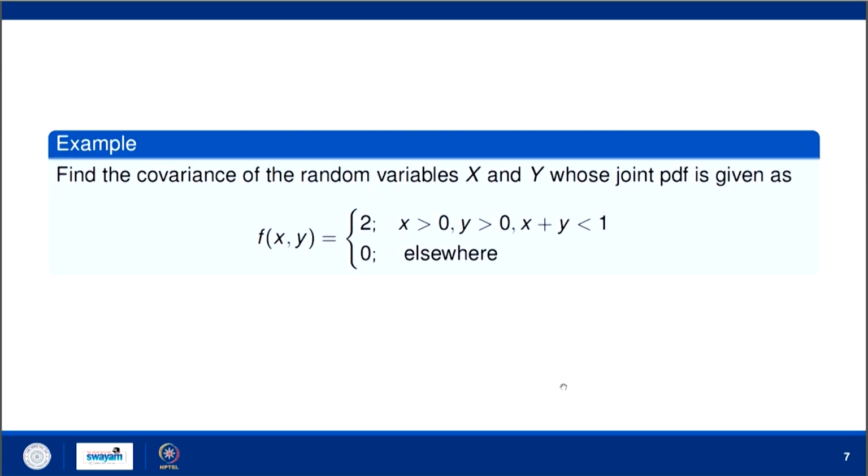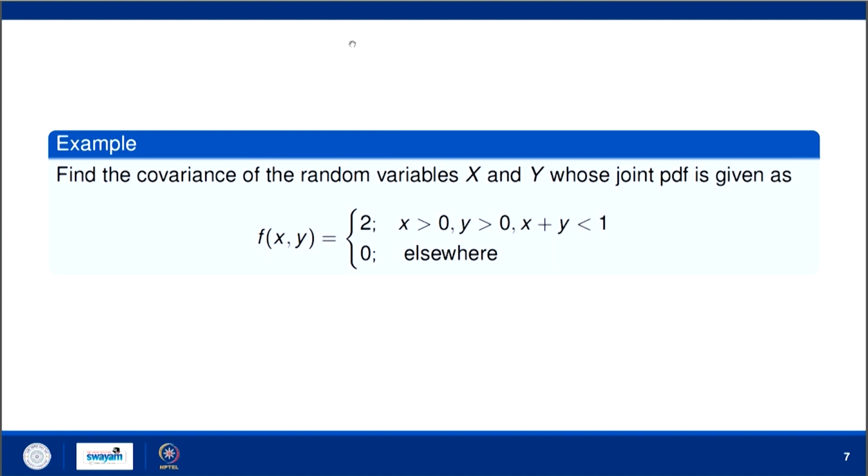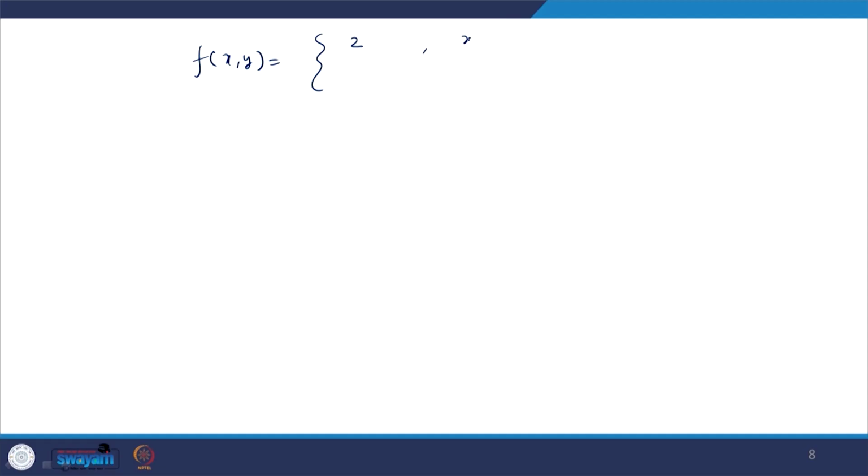Now, suppose you want to find the covariance of the random variables x and y whose joint PDF is given as this. So, how can we find it? Let us see. The joint PDF f x y is 2 when x is greater than 0, y is greater than 0 and x plus y is less than 1, and 0 otherwise.